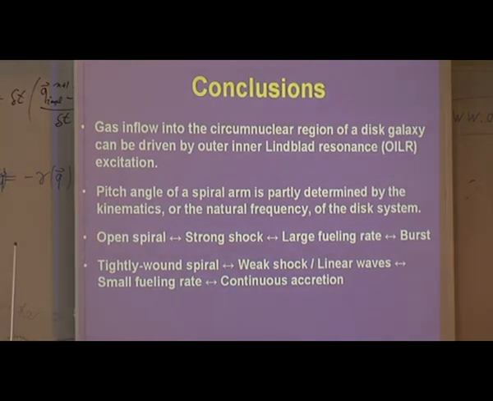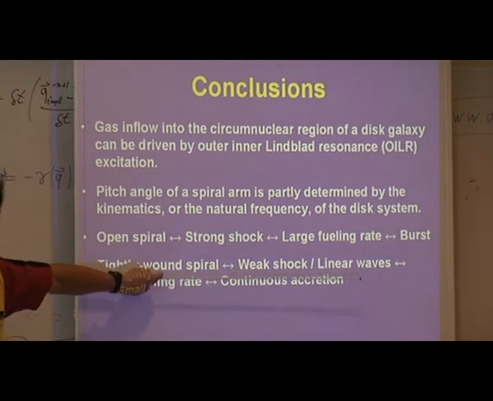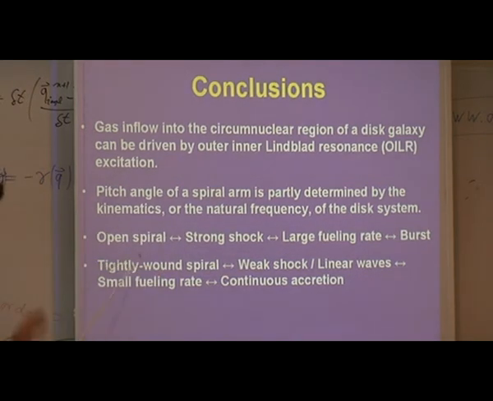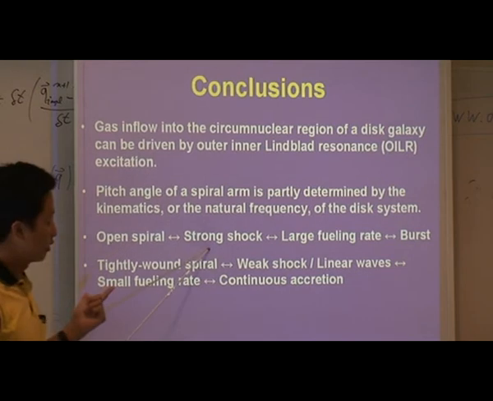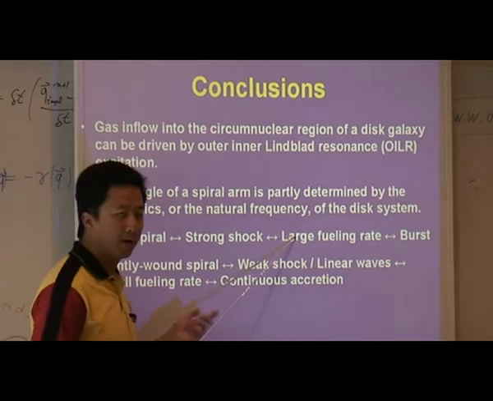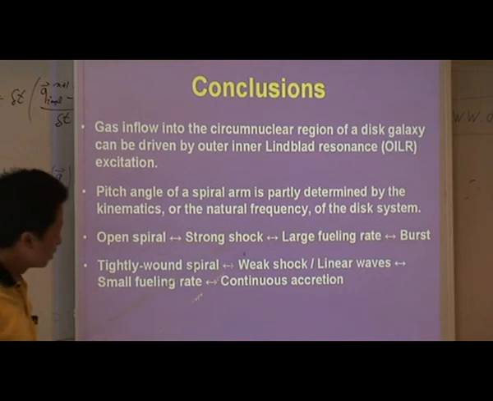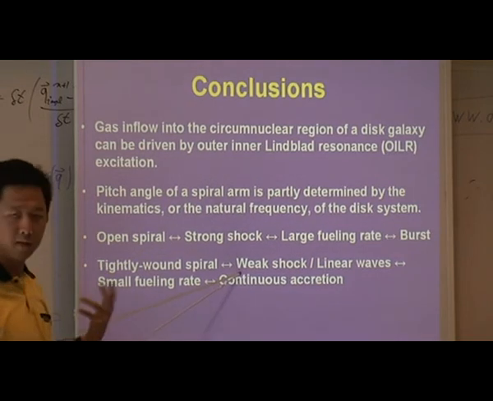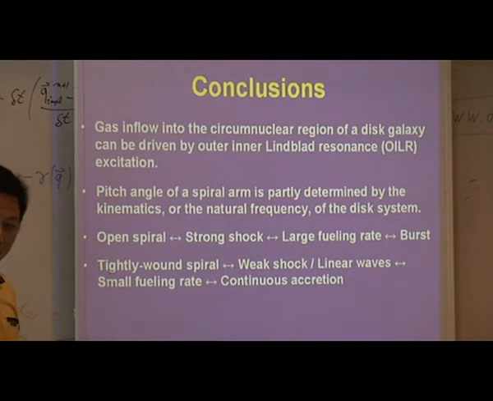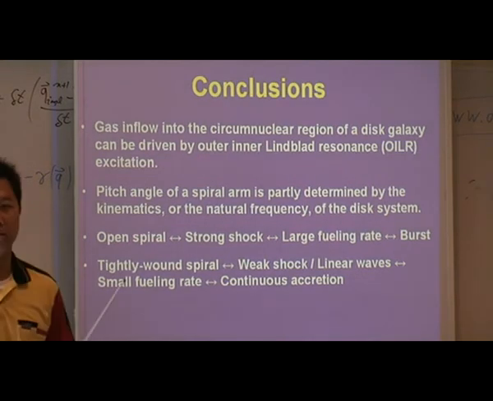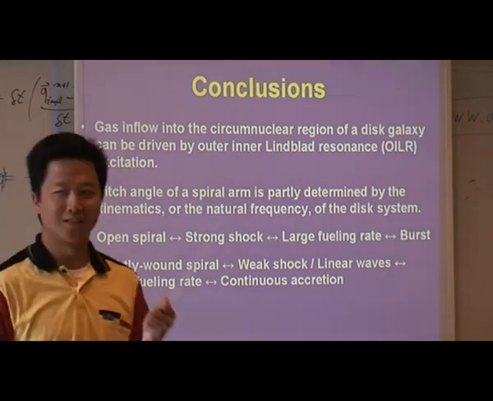There are several correlations that can be identified. One is that an open spiral structure can produce a strong shock, produce a large fueling rate and burst behavior. A tightly wound spiral just gives you a weak shock or linear wave, and then the fueling rate will be very small and continuous accretion will occur. So this is basically the picture. I think that's it. Thank you.